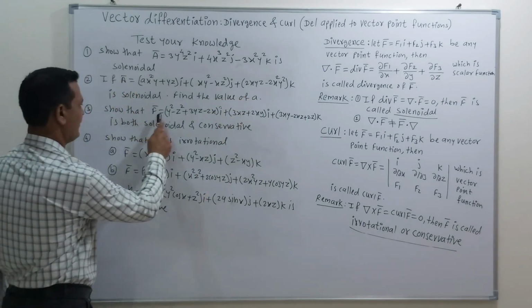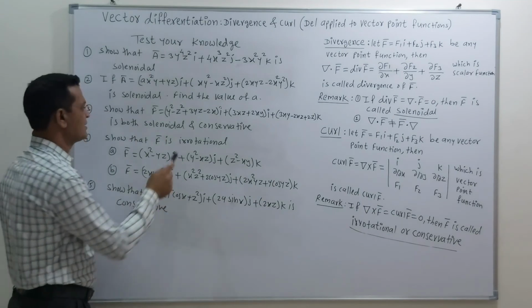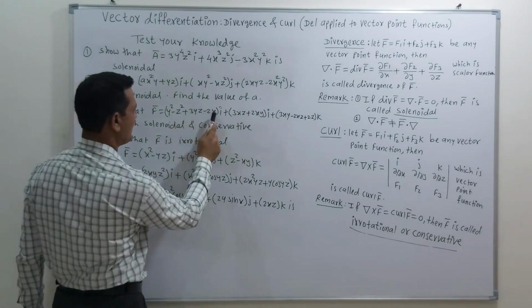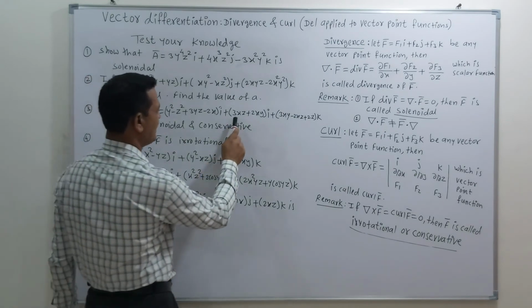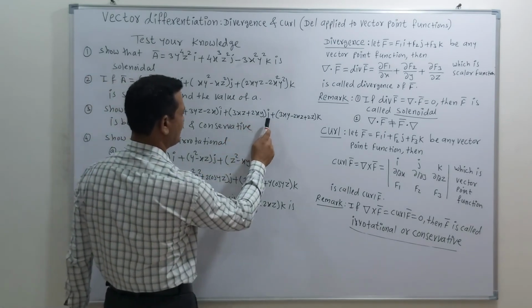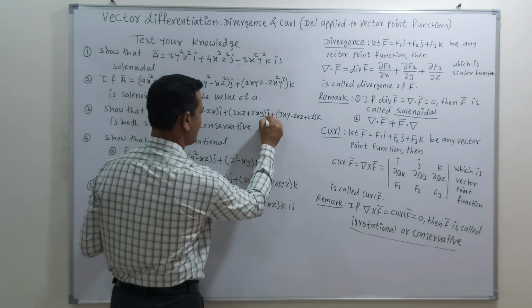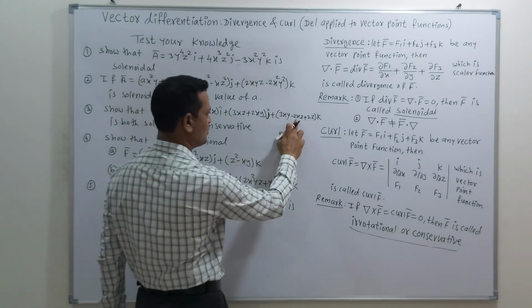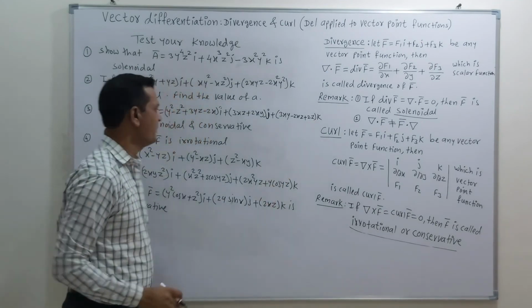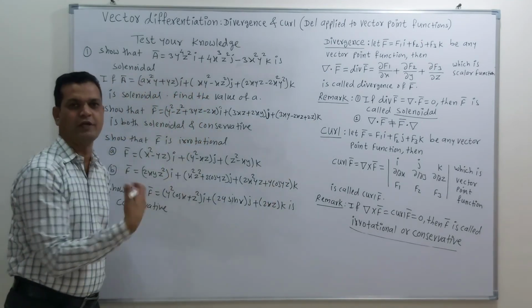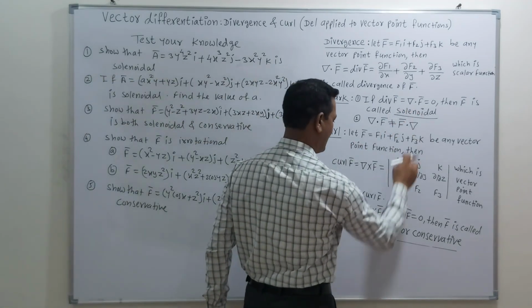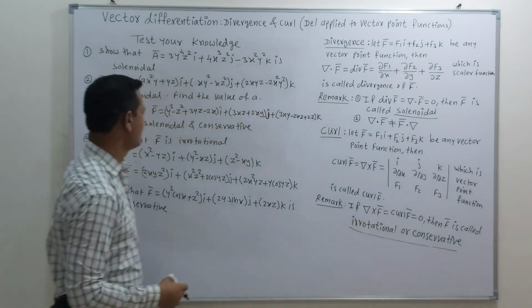Then show that vector field f bar, which is defined as y square minus z square plus 3yz minus 2x into i plus 3xz plus 2xy j, then plus 3xy minus 2xz plus 2z into k is both solenoidal as well as conservative. That means show that this dot product as well as cross product is equal to 0.